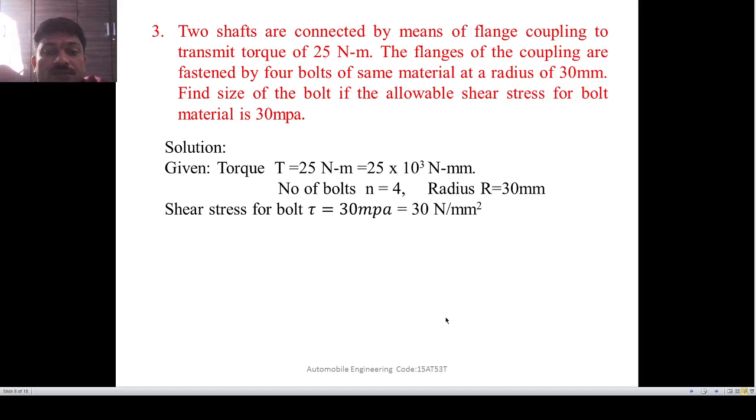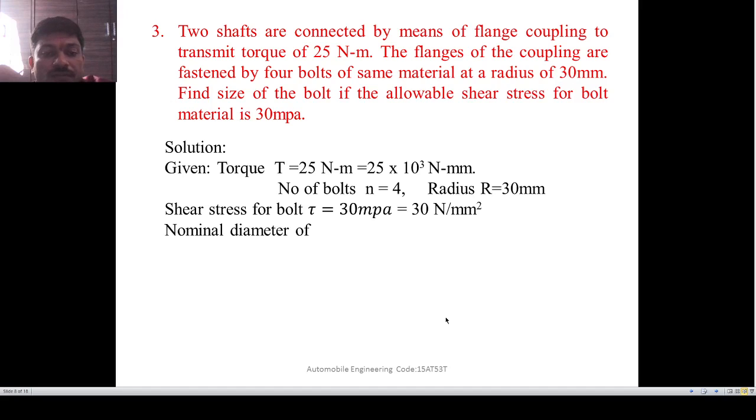Already we know the basic definition of torque. Torque is nothing but the force or tensile load into the perpendicular distance, that is the radius, or diameter by 2. From that definition, we have to find the force or load acting on the bolt.